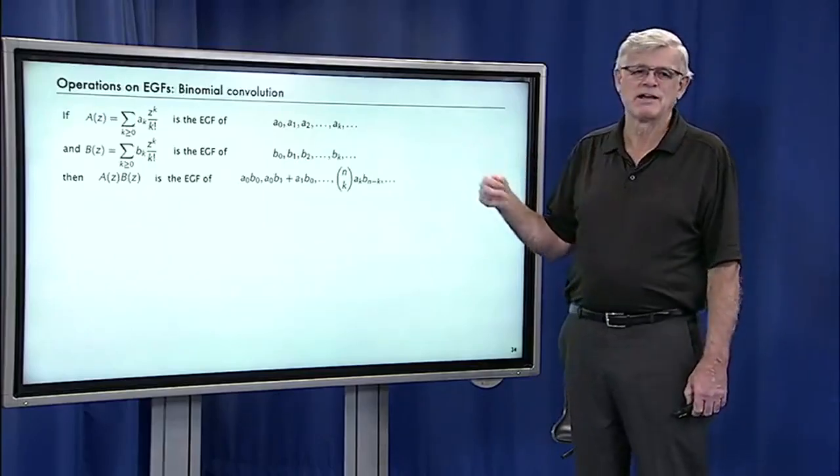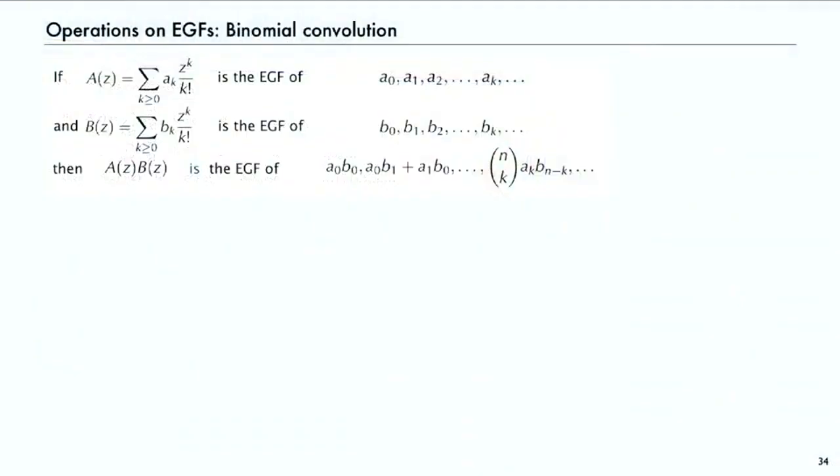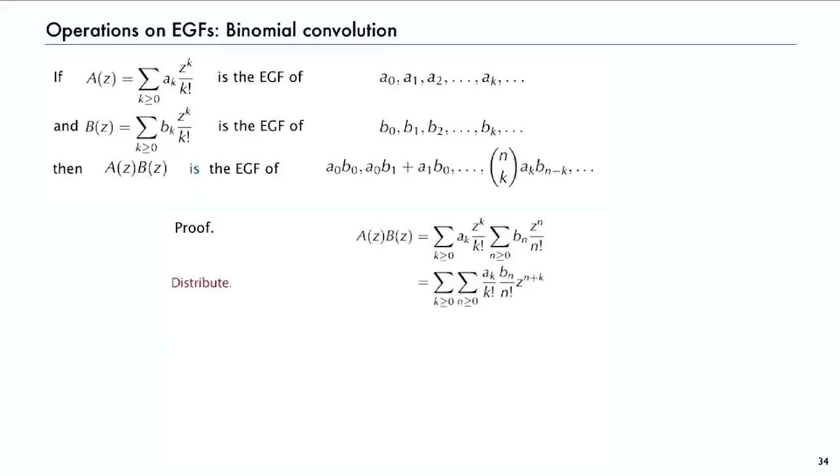And we have the same kinds of operations, and you can read in the book about differentiating, integrating, and so forth. And there's one important operation, which is what happens when you multiply two EGFs. Then you get what's called a binomial convolution. And that's just applying the same steps that we used when we were proving what happens with the product of two ordinary generating functions, but we carry through the k factorial and the n factorial.